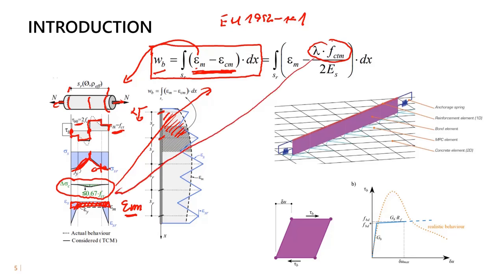This lambda is 2/3 times the FCTM, and here is ECM. So this is how it works, and basically we have two inputs for the calculation of the crack width.